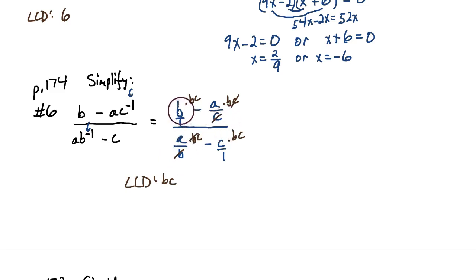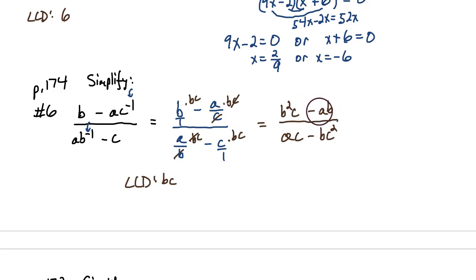Now let's rewrite. B times BC is B squared C, minus A times B is AB. Under the long bar, we have A times C, that's AC, minus C times B times C, that's BC squared.